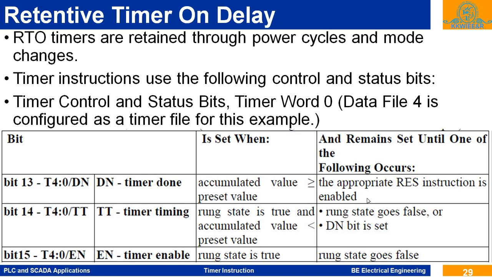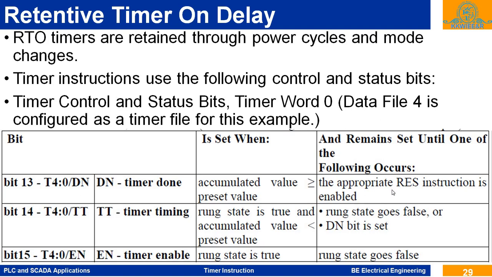Now in the case of the on delay timer, when the run condition goes false, your done bit is reset. But this is a retentive type instruction, so we need a separate reset instruction to reset the count in the accumulator to 0.